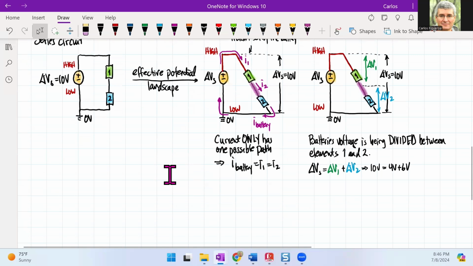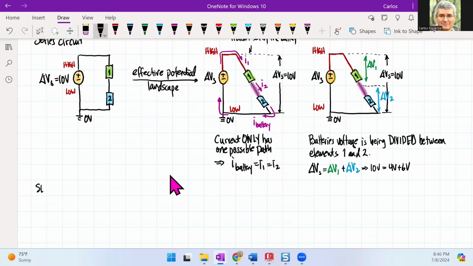So let's summarize this. Now I have series circuit characteristics.